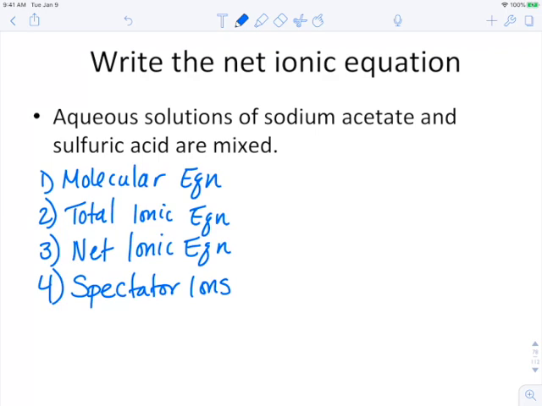Anyone still need what's up on the screen here? Okay, I'm going to switch to that solubility table.